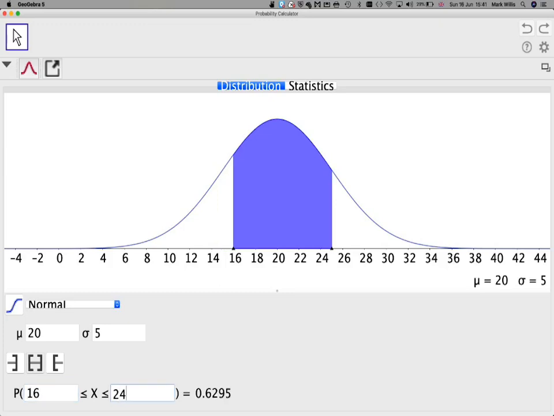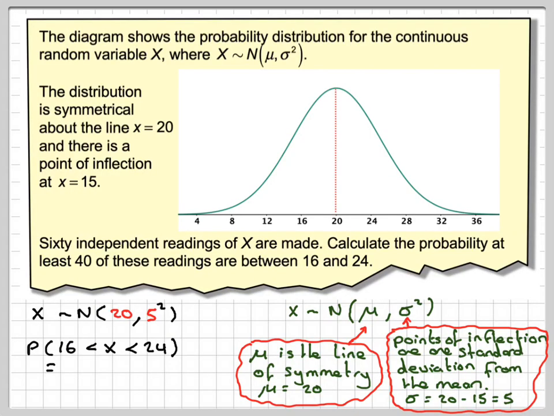Let's work that out. Okay, so we get an answer of 0.5763 from the calculator or whatever aid you're using. So going back to this, we're going to get 0.5763. Now, we want at least 40 of these independent readings between 16 and 24.